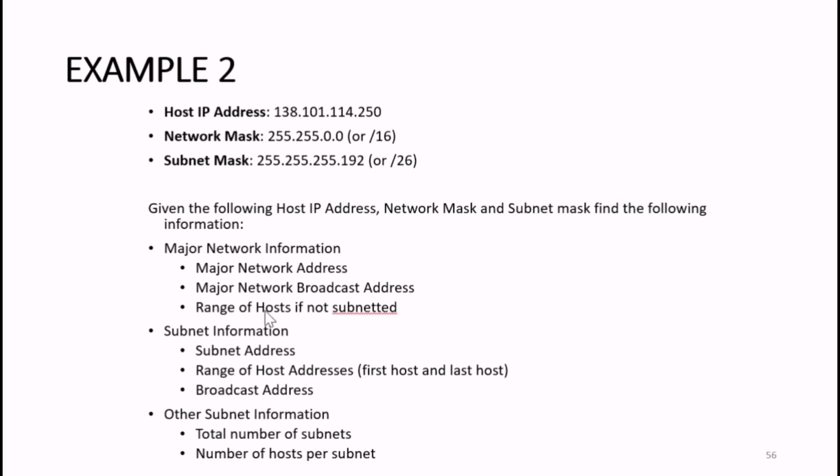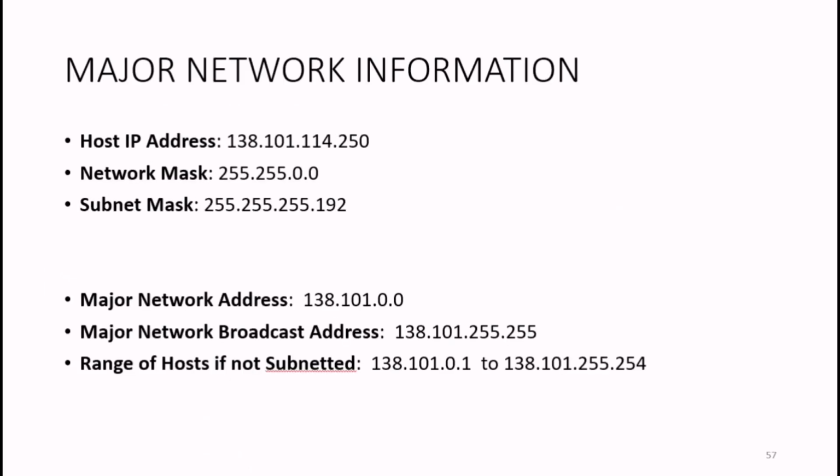And then after this, the second question will focus on the subnet. So find the subnet address, range of host addresses for the subnet, broadcast address, and we also need to find the total number of subnets and number of hosts per subnet. So let's look into the major network information.